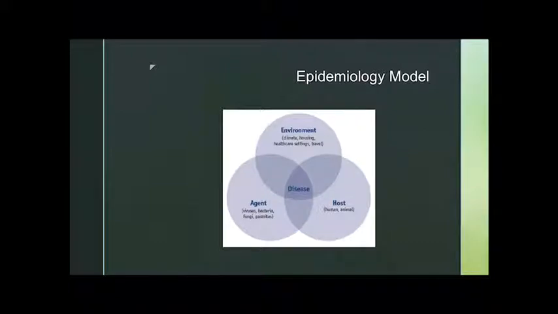If we walk through the example of hepatitis A, the agent is the virus. Hepatitis A can affect a host, such as humans, but needs a certain environment to do so. The environment is the really important piece here. If we can affect the environment, then we can prevent illness or disease.